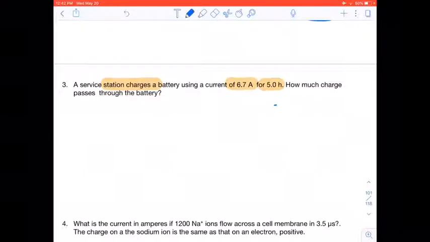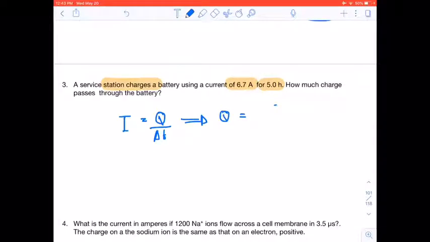So we say, okay, I is equal to Q upon change in t, which implies Q is equal to I times change in time, which means it's 6.7 amps times 5 hours. Convert hours to minutes, we multiply by 60.